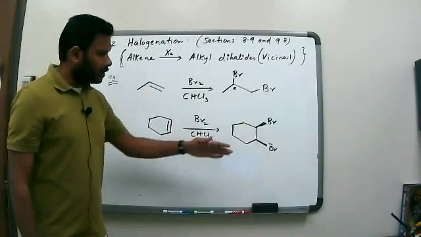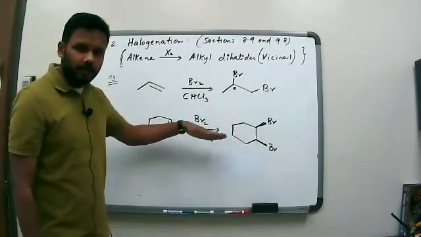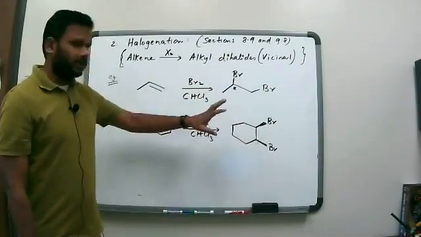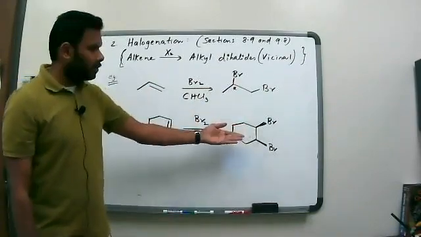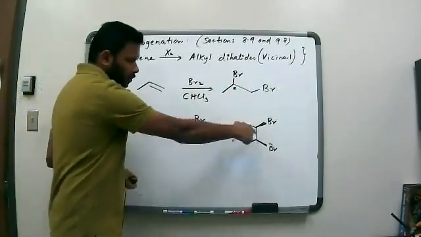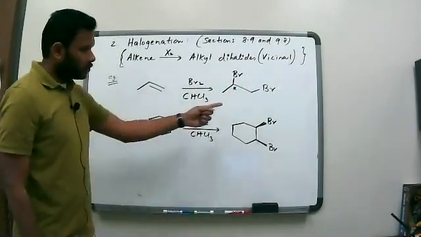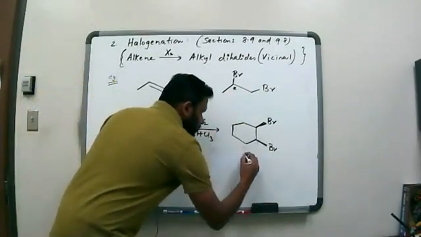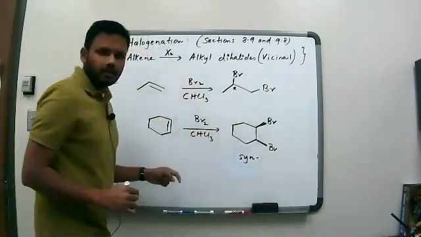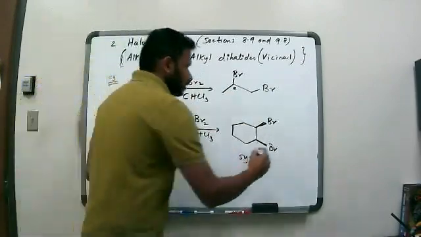But in this particular case, the molecule is also symmetrical, so it's a meso compound, so it should not have an enantiomer. Its enantiomer is basically going to be the same molecule. So we have a case where the two bromines are cis to each other. We actually call it syn, they're on the same side.